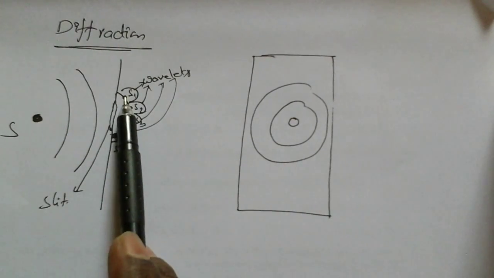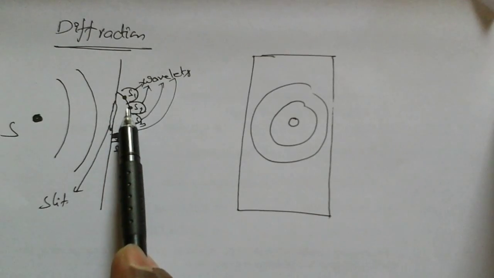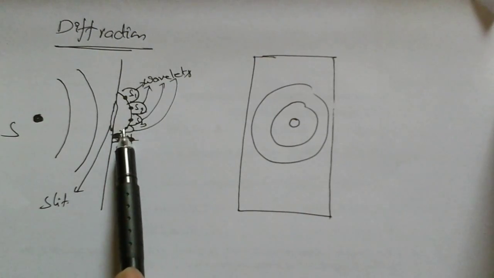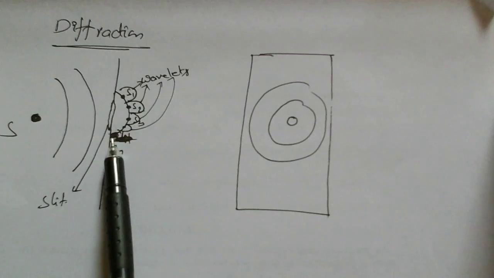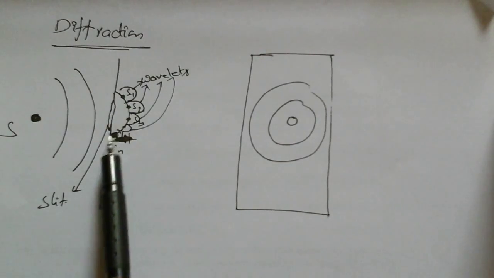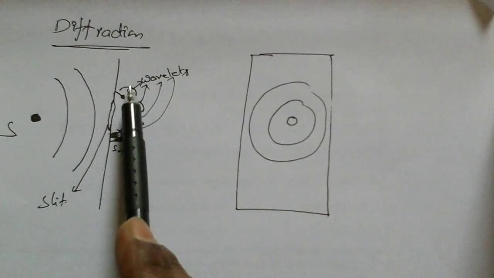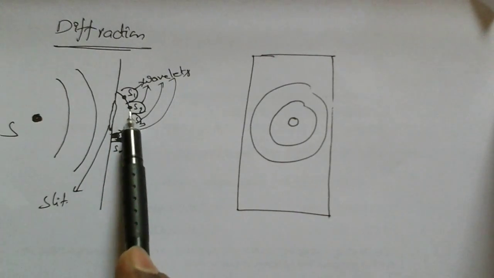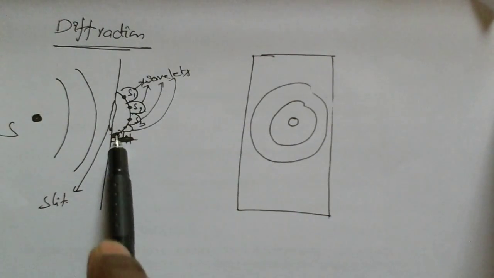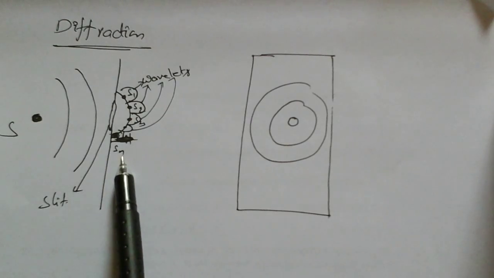The wavefront has some points on it. Whether it is a spherical or a plane wavefront, it contains points S1, S2, S3 and so on up to Sn.